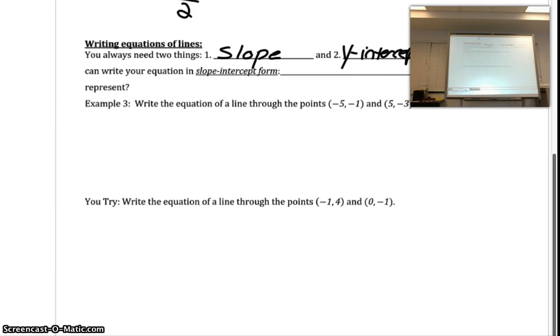What's the equation of a line in slope-intercept form? y equals mx plus b. In that equation, what is slope? M. And what is the y-intercept? B.